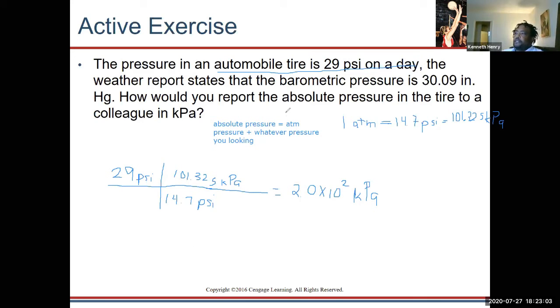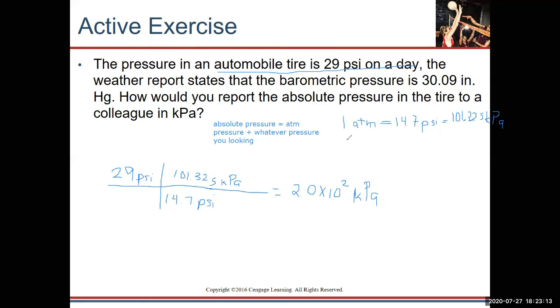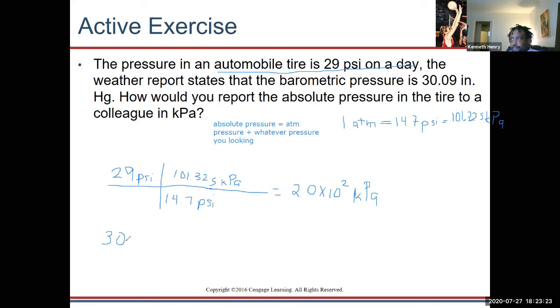And then what about the barometric pressure? Would you convert those into kilopascals too? That's right. And then what is the conversion?